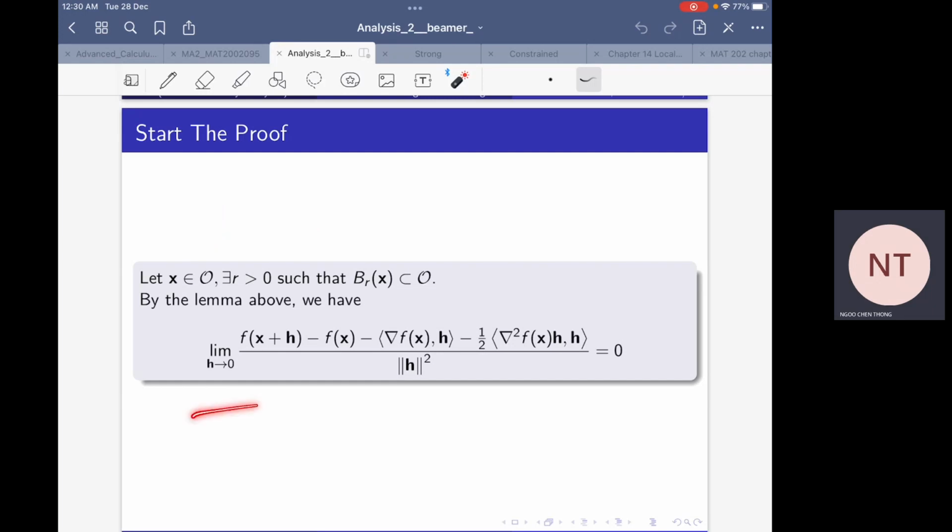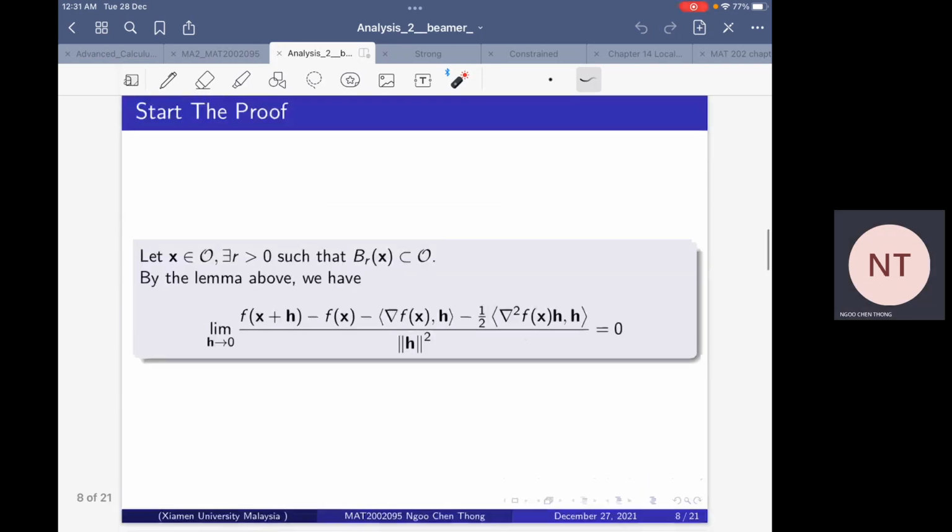Then we have this limit. We also need the gradient of f at x to be 0. So we can see that this part is 0 as an inner product with a vector. Obviously this is 0, so we can ignore this term in the later part.